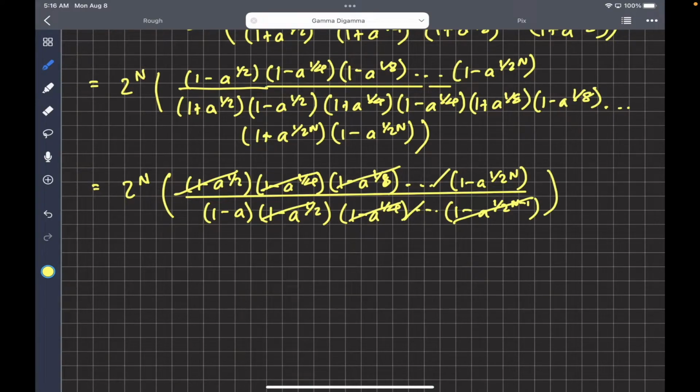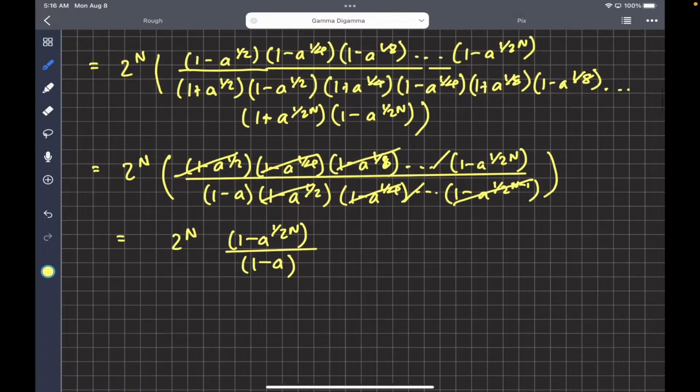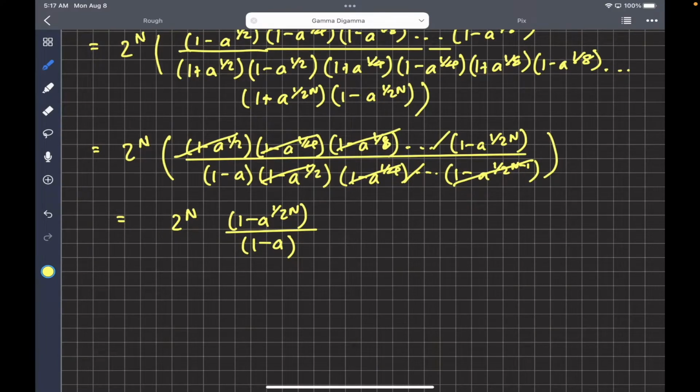So all we're left with is these two terms that remain from this telescoping product. We have 1 minus a to the 1 over 2 to the n divided by 1 minus a in the denominator, and that's what this finite product should evaluate to.